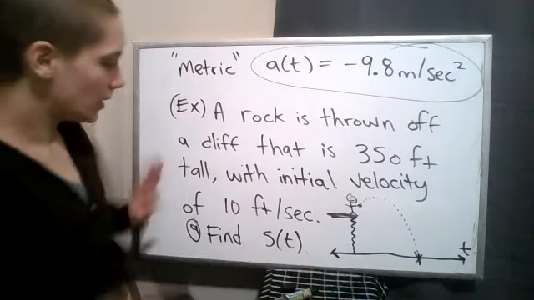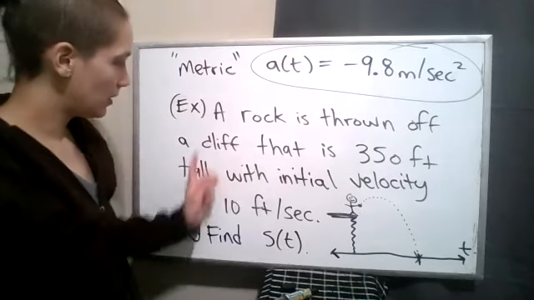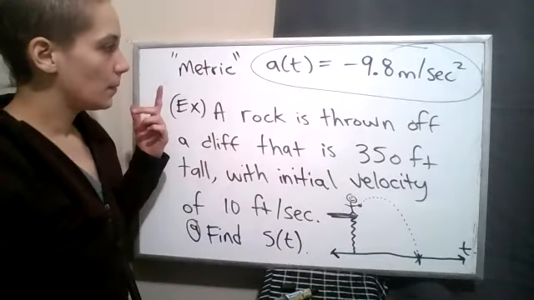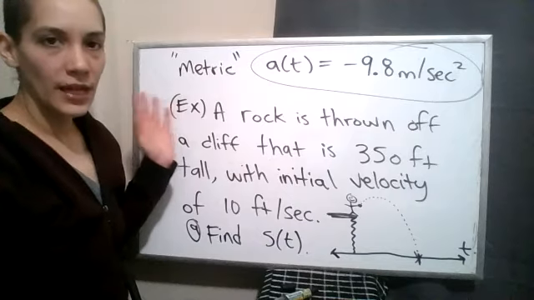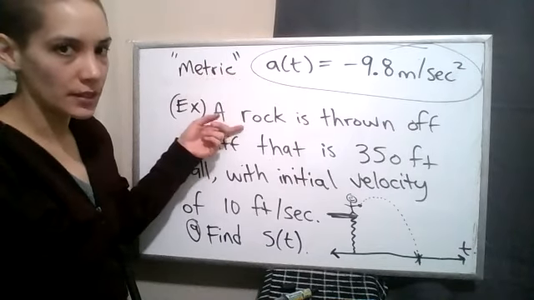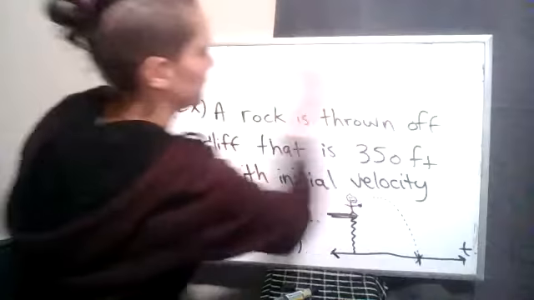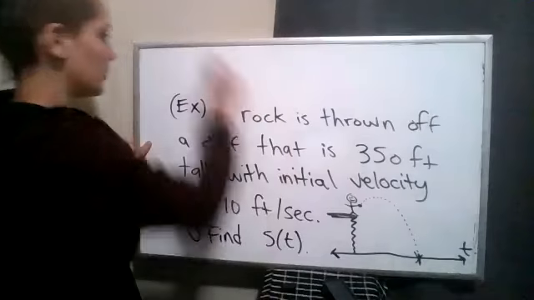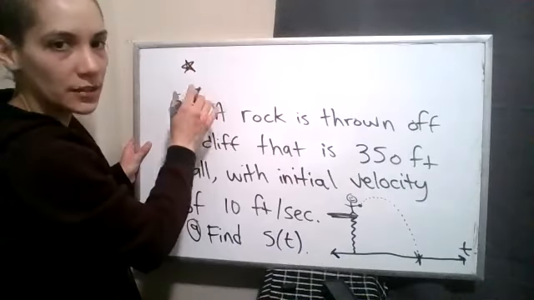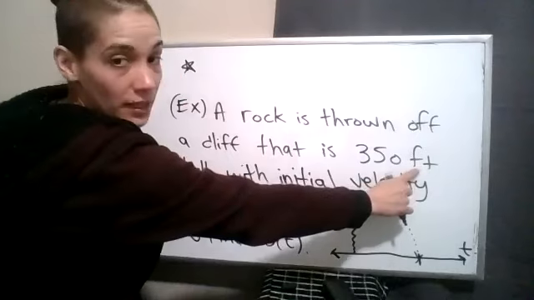Okay, so we actually just assume that there's an acceleration because there's going to be gravity. So first thought is make sure that you use your acceleration function that has the units in feet.